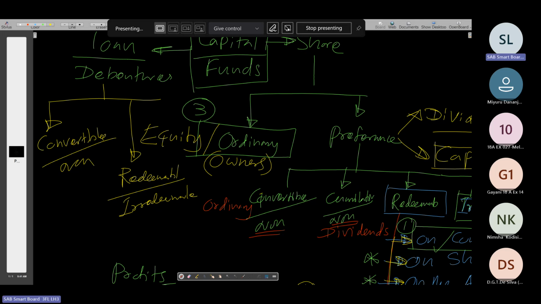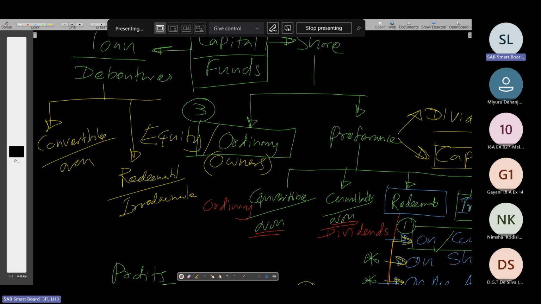Convertible means the amount can be converted into ordinary shares. We will now consider what a debenture is. A debenture is a document issued by the company acknowledging to pay a specific rate of interest for a specified period and to pay the capital after maturity.